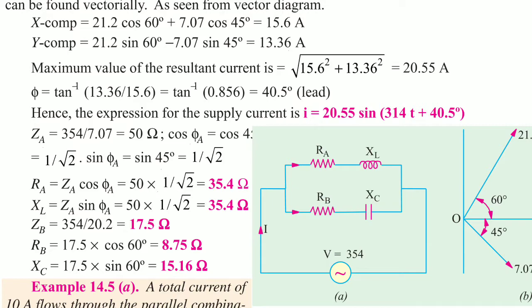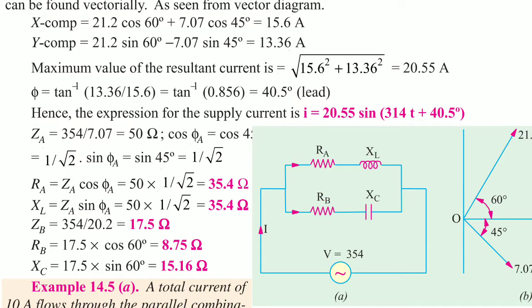Now branch B: Z_B is equal to the voltage by the current in branch 2. The voltage is 354 divided by the branch B current, which is 20.2, that gives 17.5 ohms. So Z_B is equal to 17.5 ohms, and now R_B is equal to 17.5 into cos 60, that is 8.7 ohms.